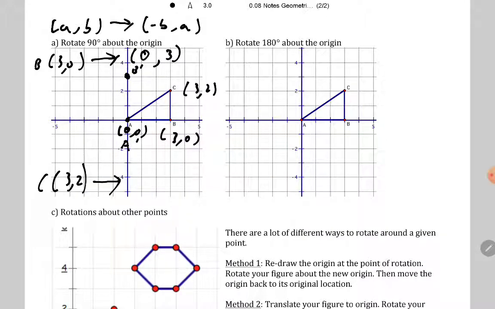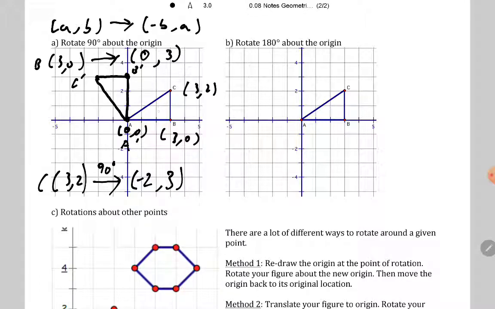That's going to be transformed, 90-degree rotation. So 2 switches with 3, and then becomes opposite. So -2, 3. And let's draw the picture. Okay. And then there is our image.